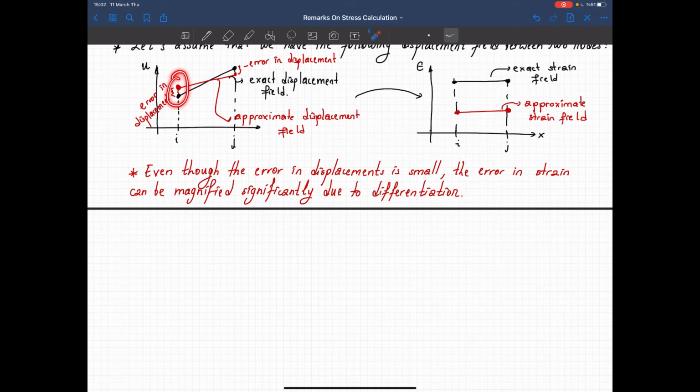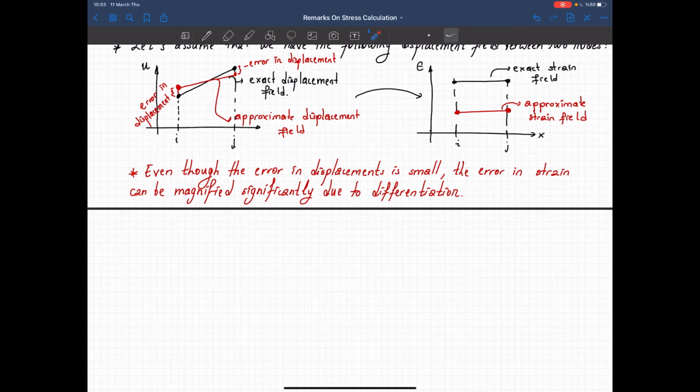So this tells us that if you really want to calculate the stress in a displacement based formulation, you have to reduce the error in the displacements. In other words, you have to use more elements, and you have to be very careful while using these stresses, because the small errors can be magnified significantly.